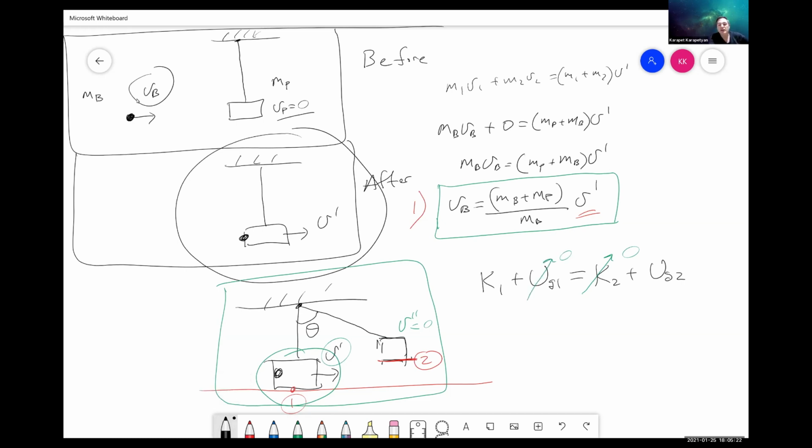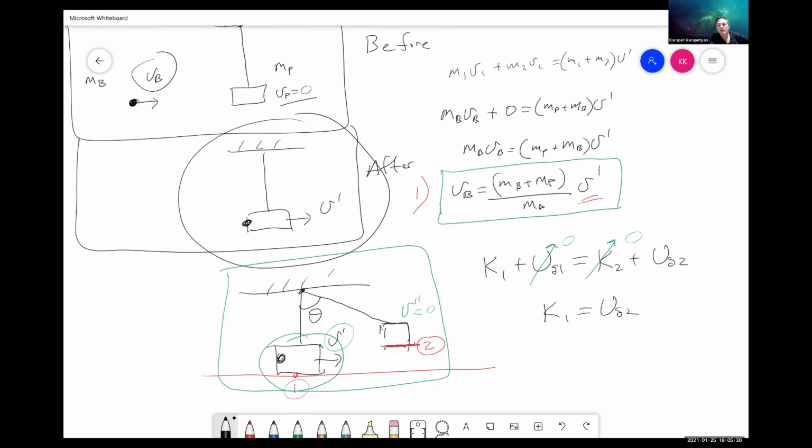So then my conservation of energy is just any kinetic energy that I had at point 1 will be converted to the gravitational potential energy at point 2, which means 1/2 (m1 plus m2) times v prime squared equals (m1 plus m2), where again m1 and m2 are my object masses, right?